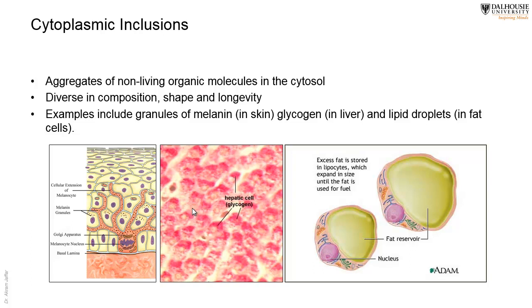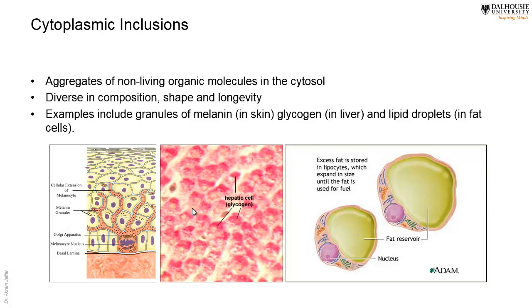Also in the cytosol, there are aggregates, meaning very large molecules of non-living structures, which are called cytoplasmic inclusions. Depending on the type of the cell, there are different types of these cytoplasmic inclusions, depending on the function of the cell. They vary in their composition, in their shape, and in their longevity, meaning the duration that they are present inside the cell.